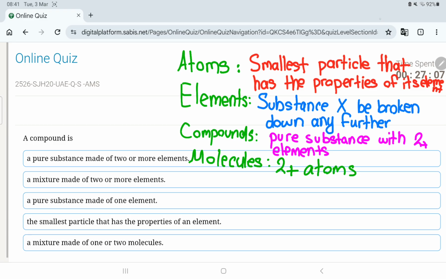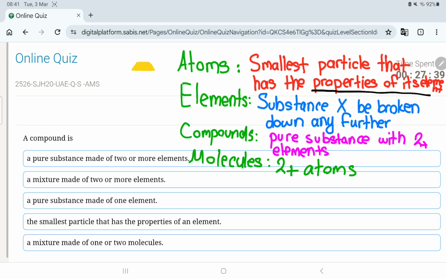Now, let's explain them one by one. Let's say an atom. All you need to know is that it's the smallest particle of matter that has the properties of its element. Let's say here you have a gold bar. What do you expect from the gold atoms?